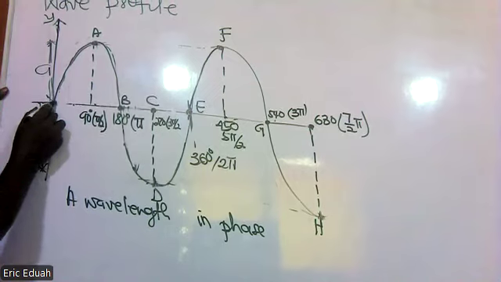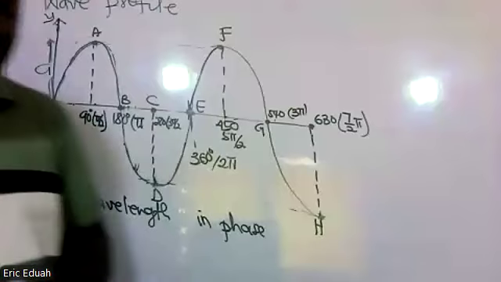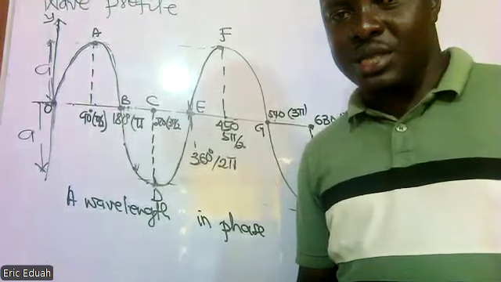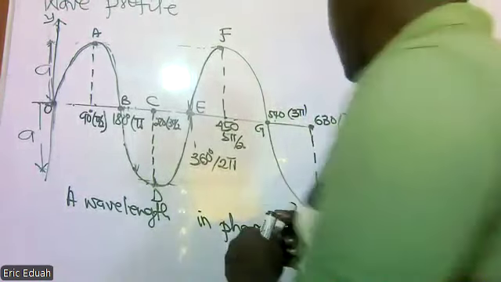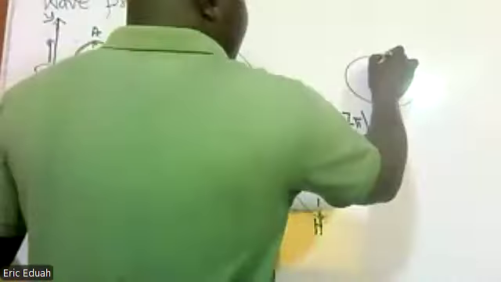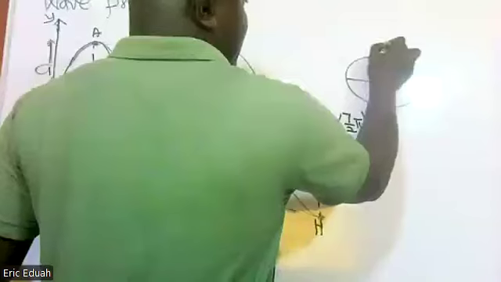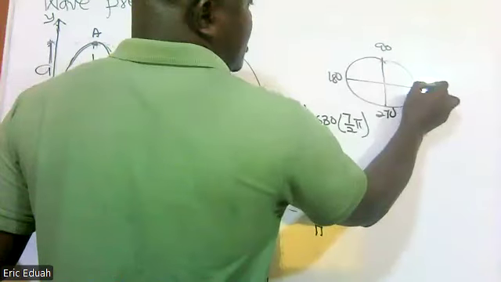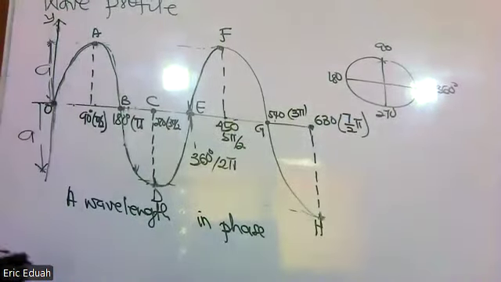This point is 360. Do you know that the location of the angle 0 degrees is equivalent to 360? This is because when you draw a circle and divide it into quadrants, this is 0, 90, 180, 270, back to 360. So 0 and 360 occur at the same point.